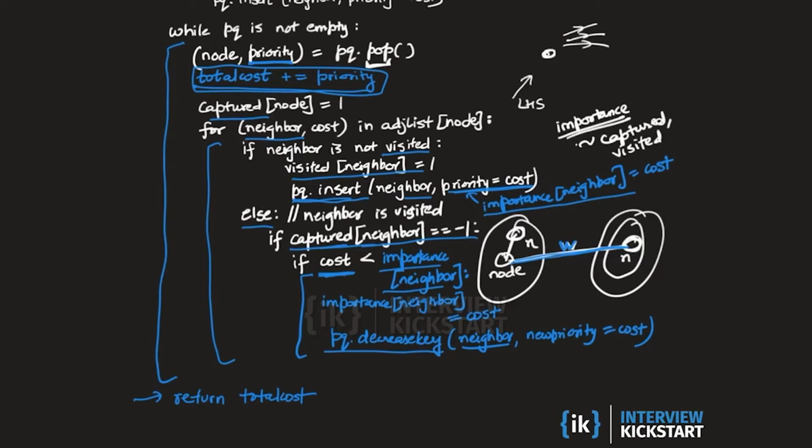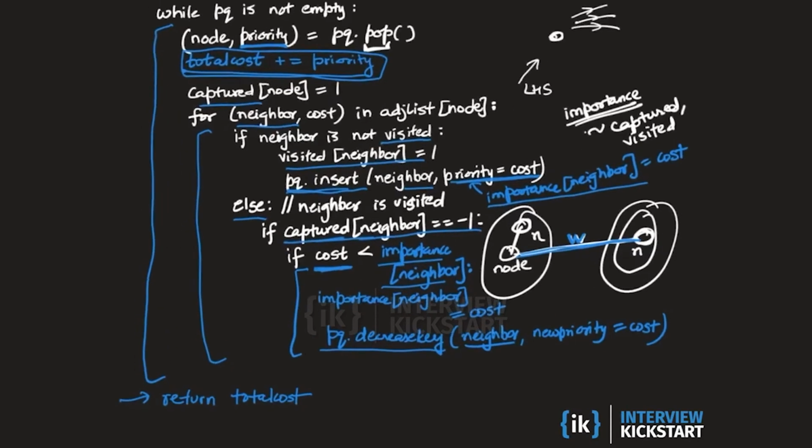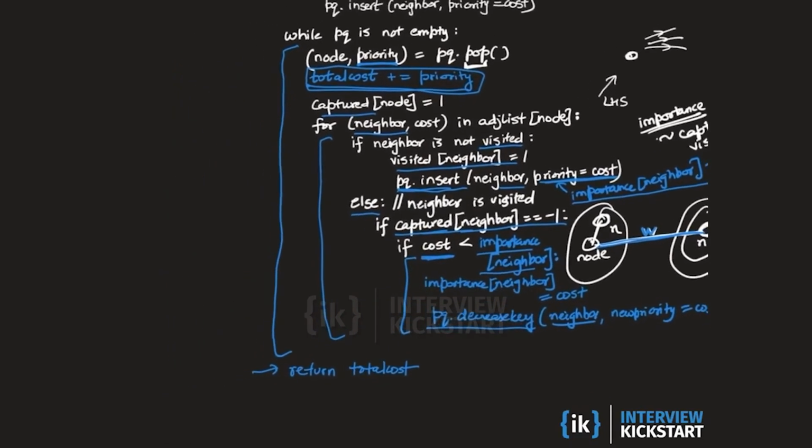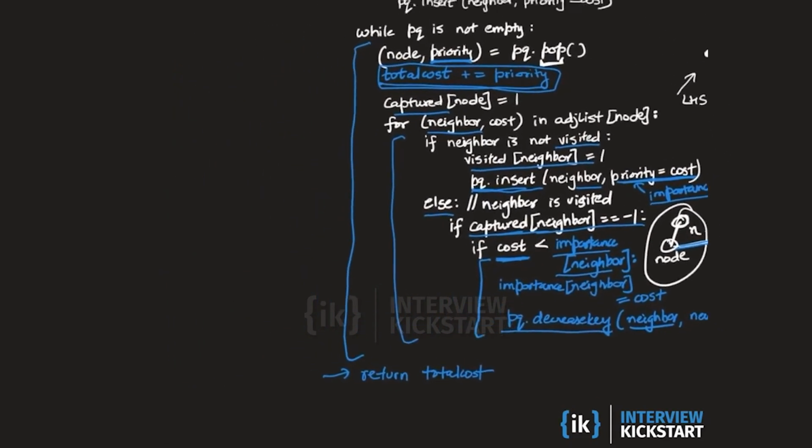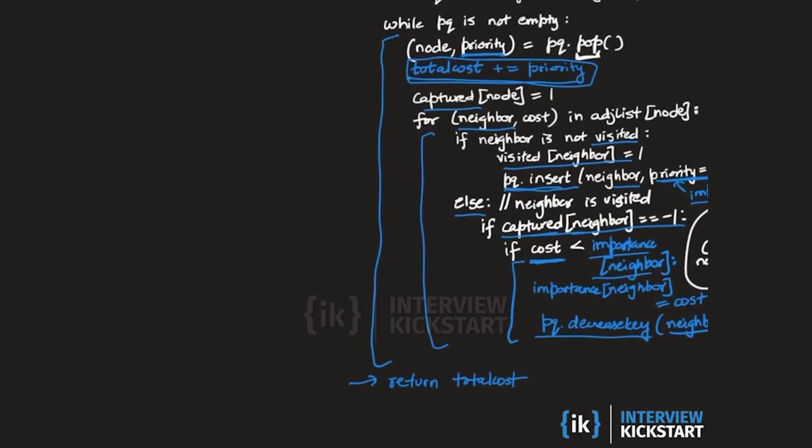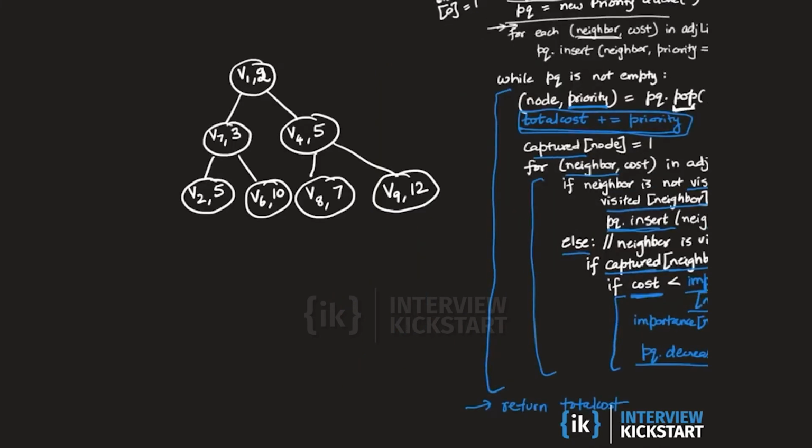Now in order to quantify the time complexity of this code, we need to understand how this decrease key operation would be implemented on a min heap. So let's say that this is what our min heap looks like. We have a bunch of vertices lying inside this priority queue, and they are each associated with an integer priority value.